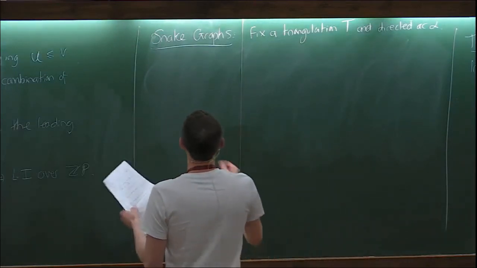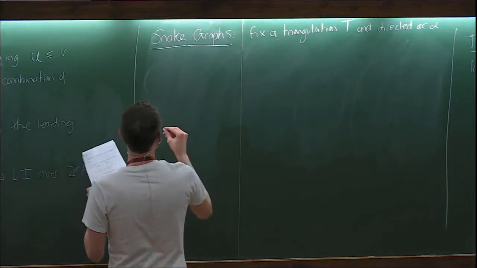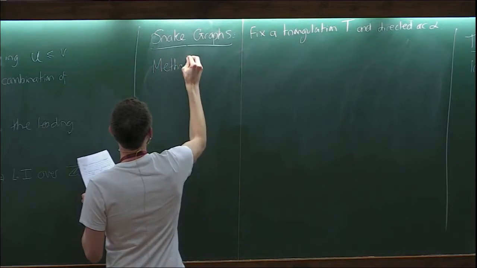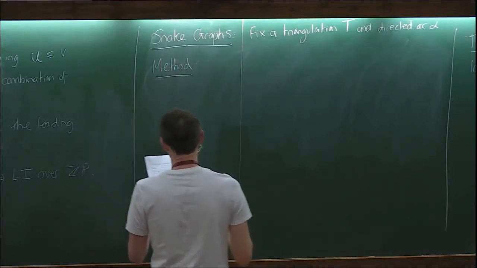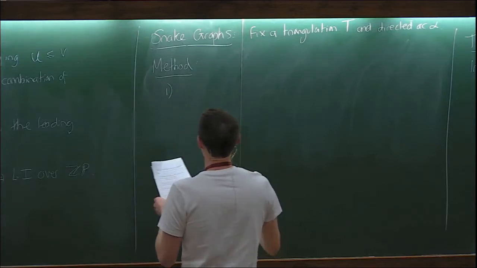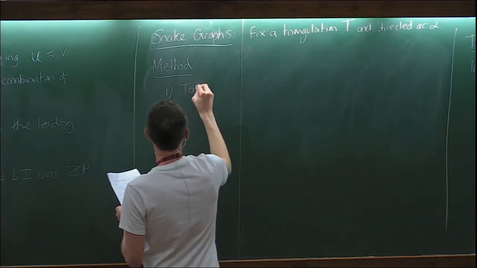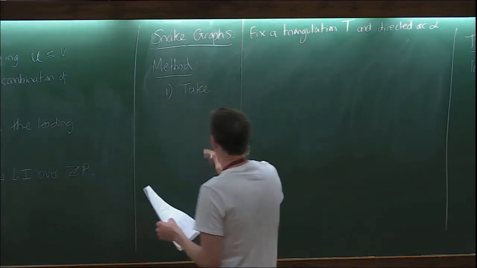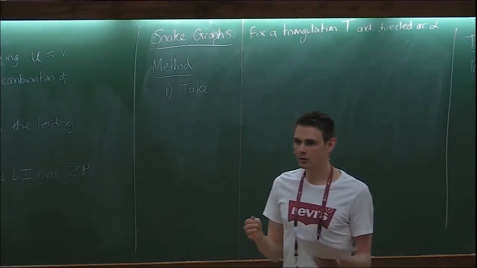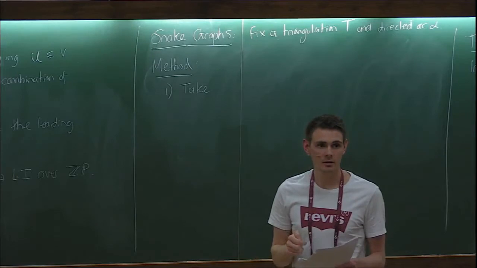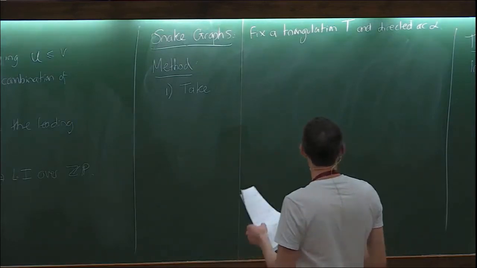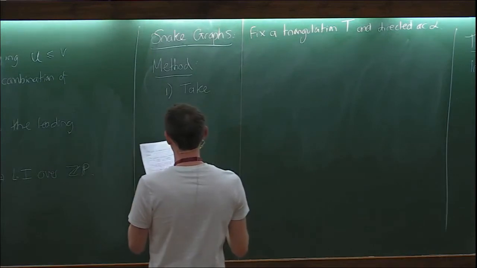So what is this method of constructing the snake graph? Well, the first step is to consider the quadrilateral on our surface containing the intersection point P1, the first intersection point along this directed arc alpha with the triangulation T.